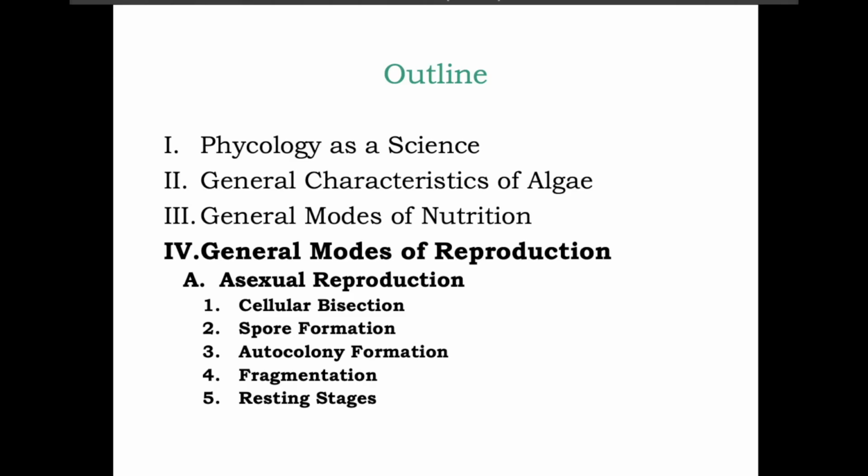Now that we're done with the general modes of nutrition, we'll move on to the general modes of reproduction of your algae representatives. So let's first compare and contrast the benefits of using an asexual mode of reproduction versus a sexual.